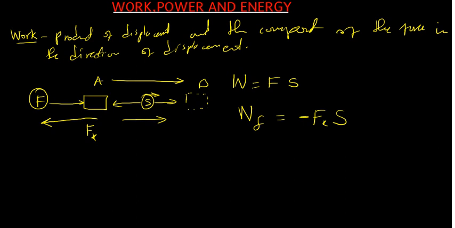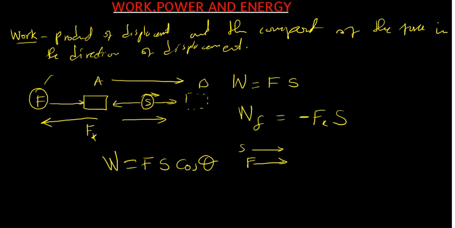Now all this comes from the general form. Work is given by force times displacement and then cosine theta. So if you consider the first instance where you've got a force and displacement, force is going in that direction, and the object moves from point A to point B. That means the direction of displacement is also like that.